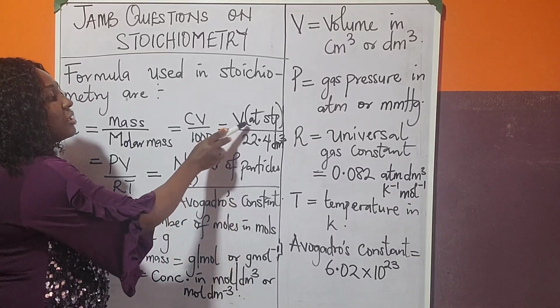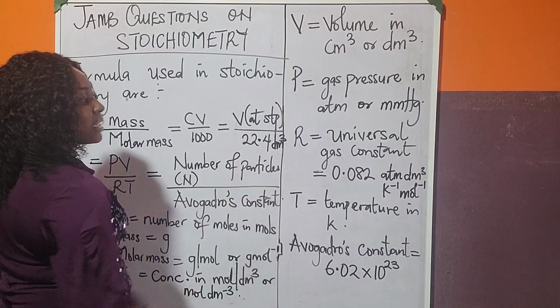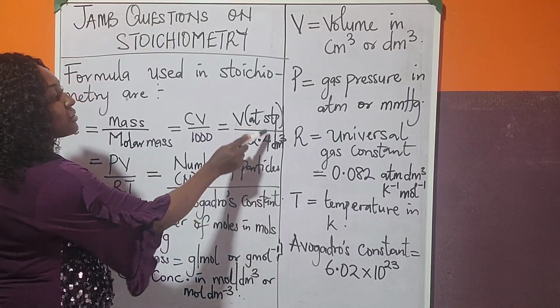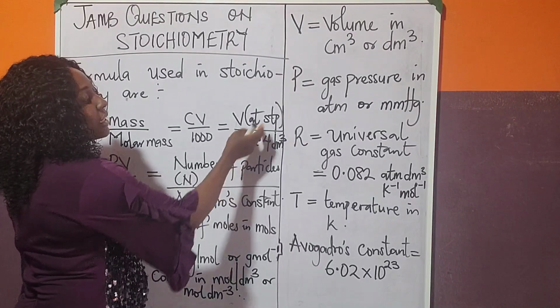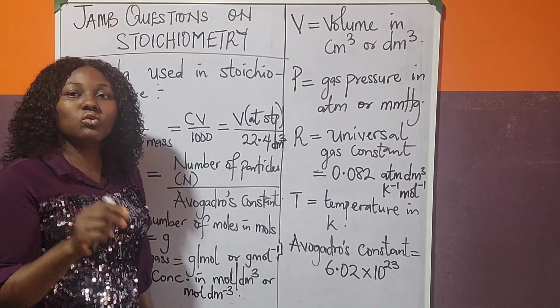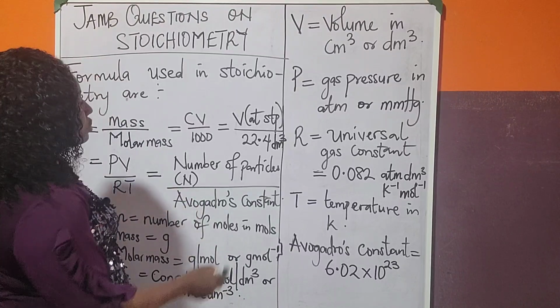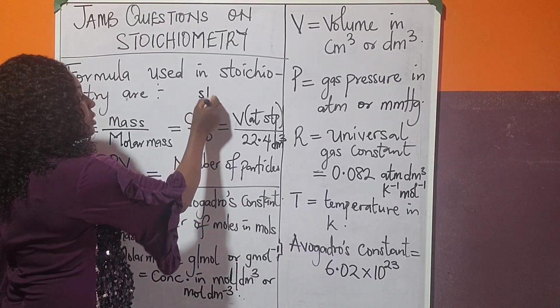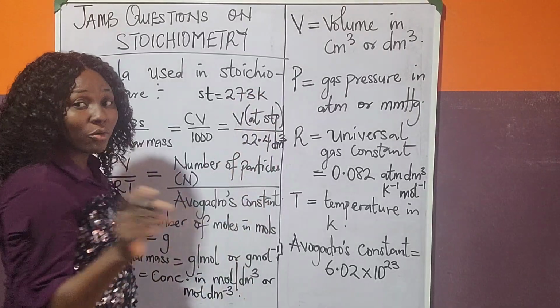Then we have V. This one is volume at STP. STP simply stands for standard temperature and pressure. And we all know that our standard temperature is 273 Kelvin. So ST is equal to 273 Kelvin.